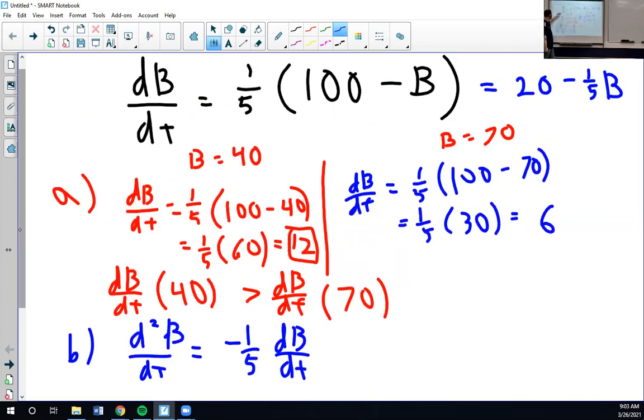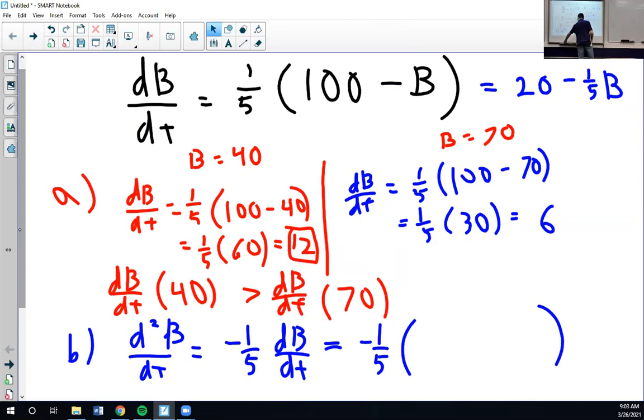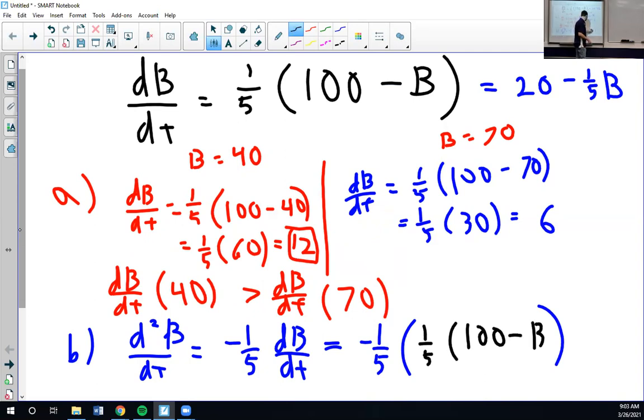So the derivative of negative 1/5 b is negative 1/5 dB/dt. What is dB/dt? Well, we have it sitting in front of us. Remember, it said define this in terms of b. So instead of just leaving it with the dB/dt, we're going to plug in what dB/dt is. It's 1/5 times 100 minus b.